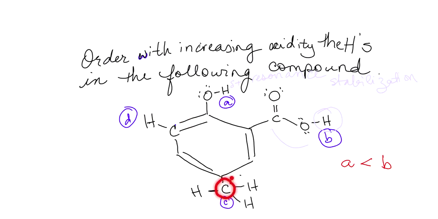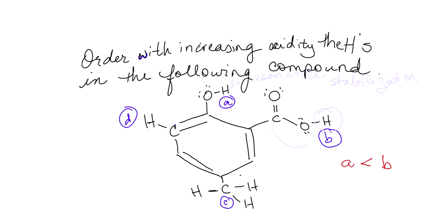Because of that, the sigma bond to sp2 is shorter than the sigma bond to sp3. That has an impact on the acidity as well.